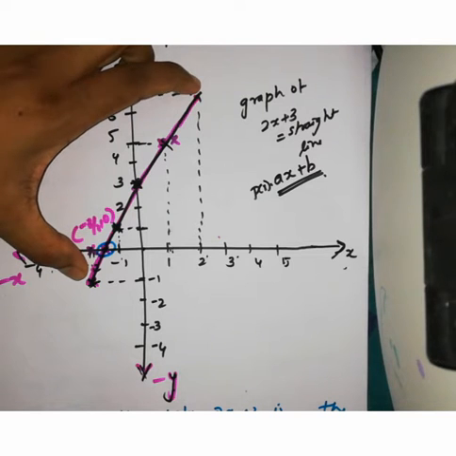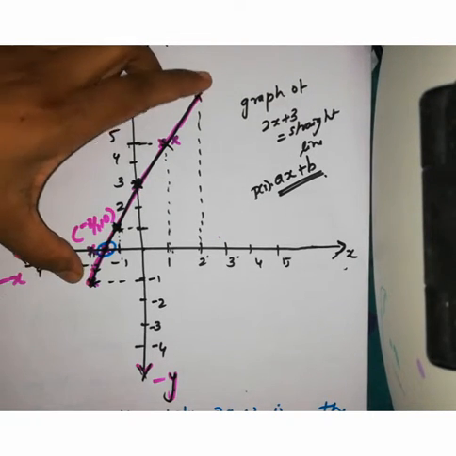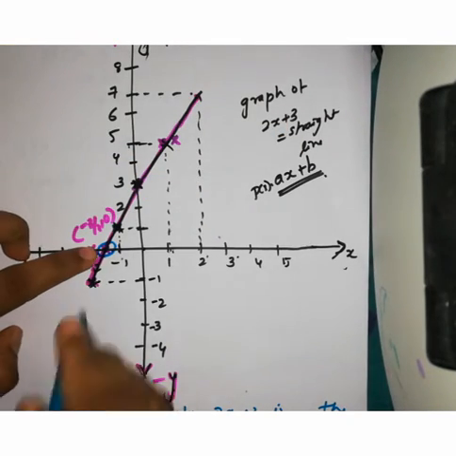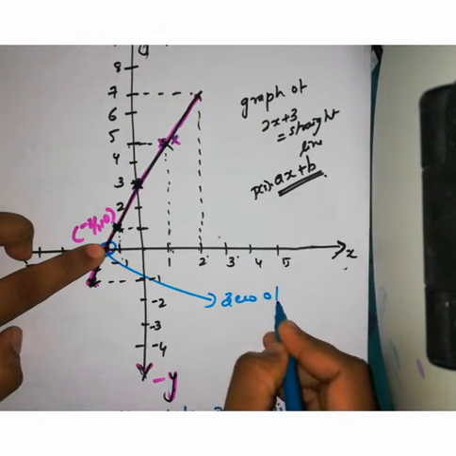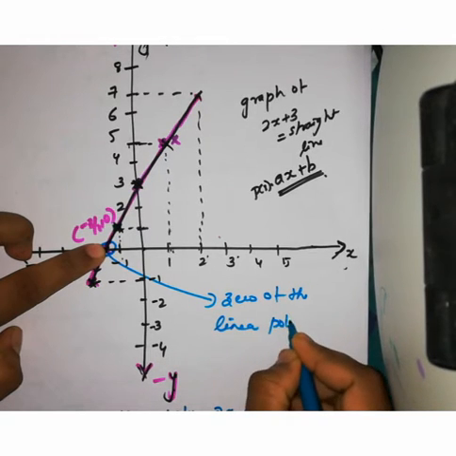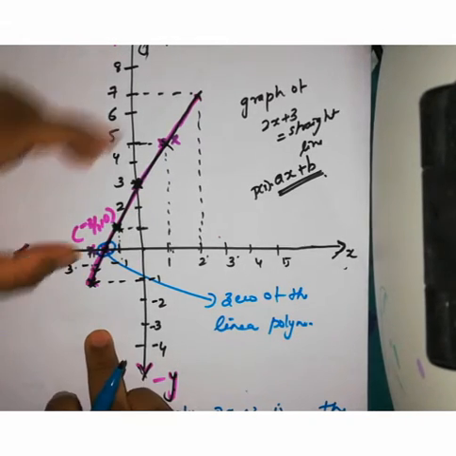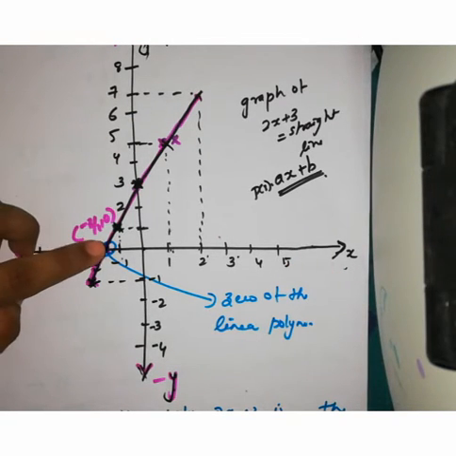The graph of 2x plus 3 is a straight line. That graph cuts the x-axis at only one point. That point is known as the zero of the linear polynomial. That means the graph cuts the x-axis at only one point. That point is the zero of the polynomial.